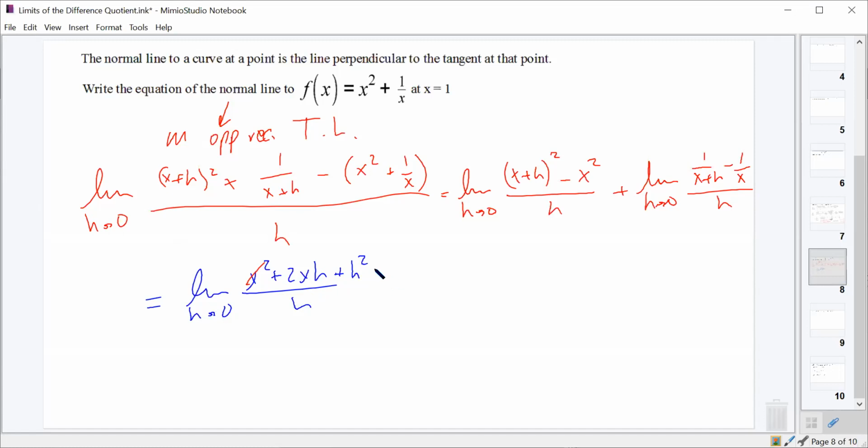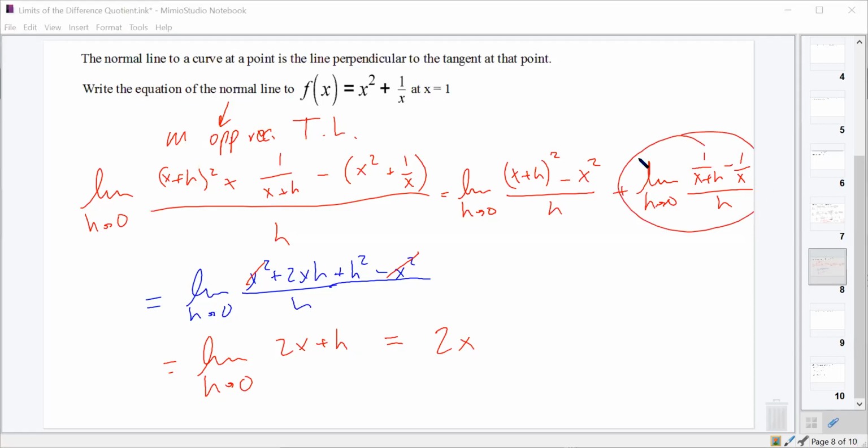Plus h squared minus the x squared. All right. Now we'll cancel out these x squareds. And now we can divide everything by the h, which will give us 2x plus h, which gives us what? As h approaches 0, just 2x. 2x.